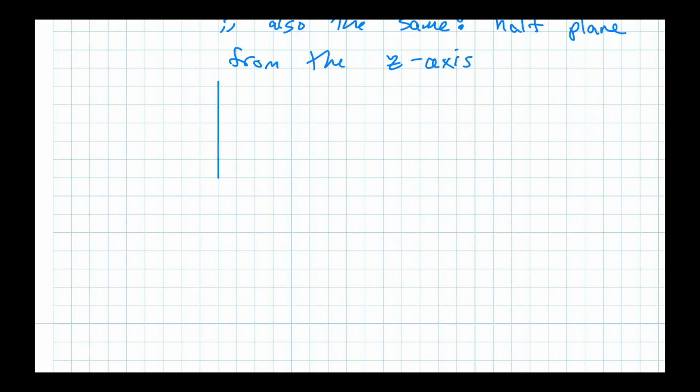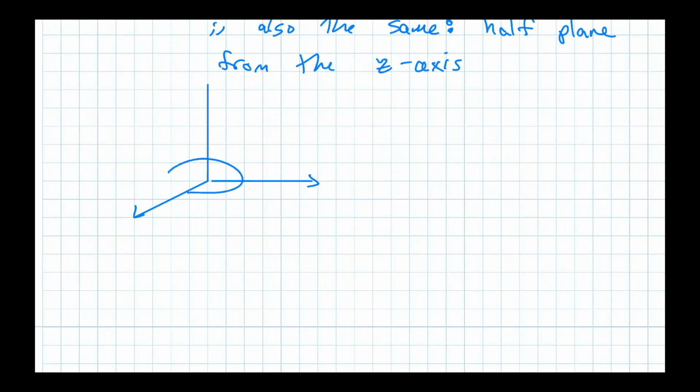So your picture looks like, I knew I shouldn't have said this was going to be a short lecture, because everything is taking me longer. So the idea here is, theta is somewhere in the xy plane.